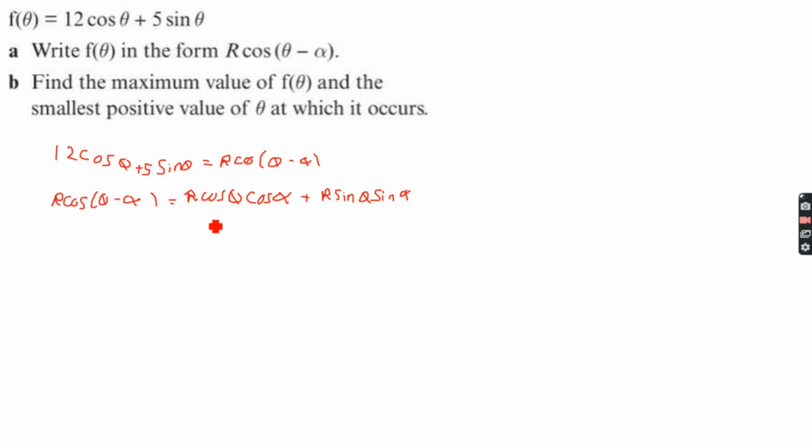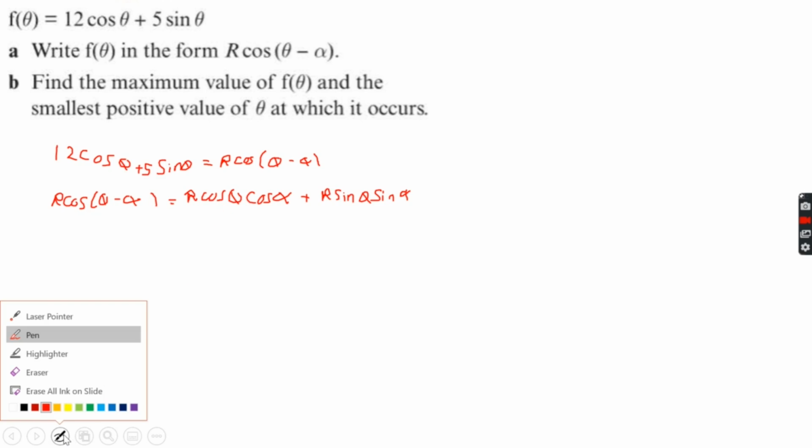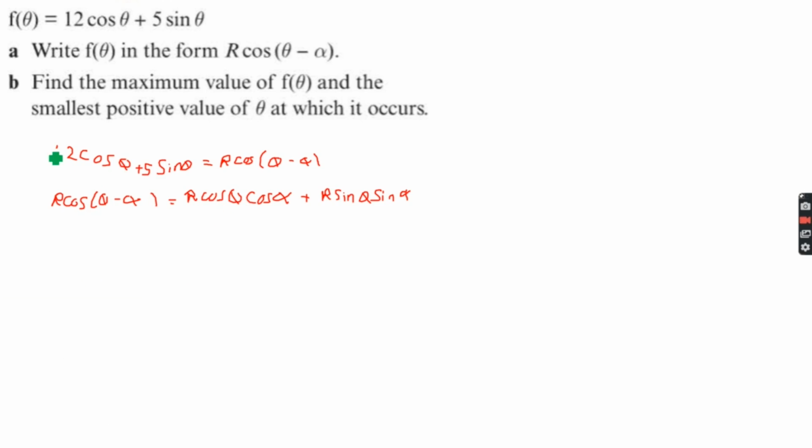Okay, so now what we do next is we equate the coefficients. If we compare this 12 cos theta to this r cos theta cos alpha, the cos theta is in both, but this r cos alpha is essentially replaced by the 12 here. So we can see that this hasn't got an r cos alpha in the expression; instead, it's replaced by a 12.